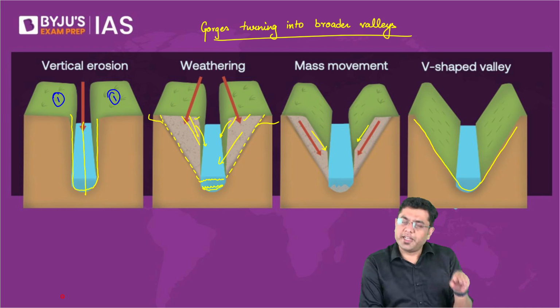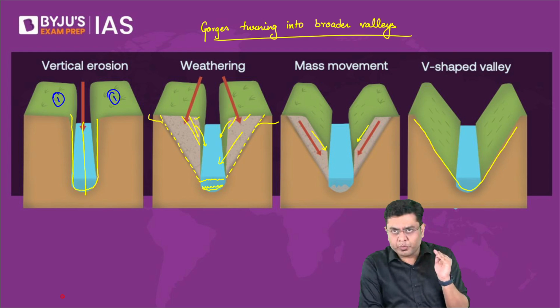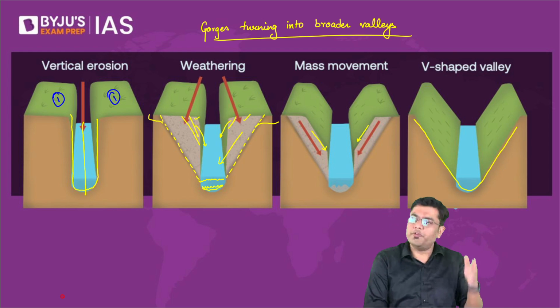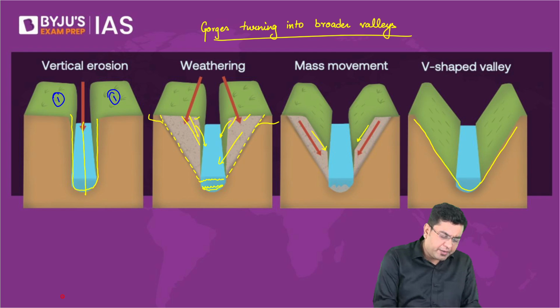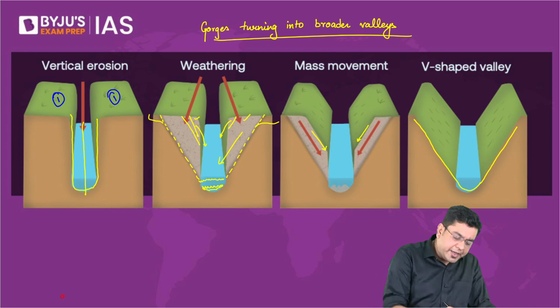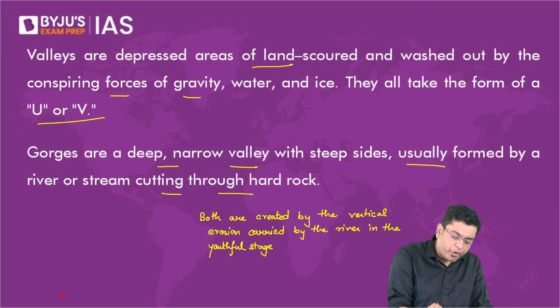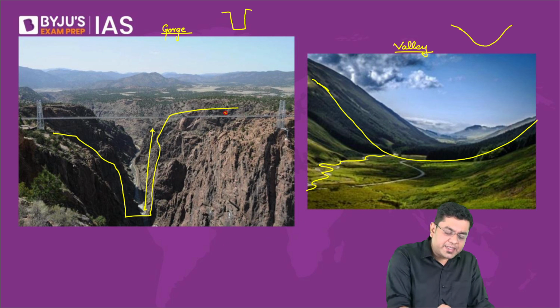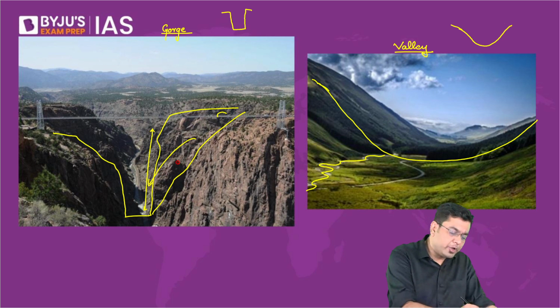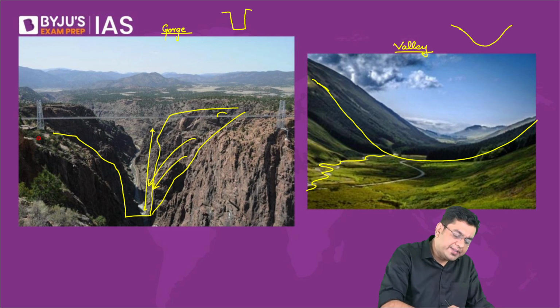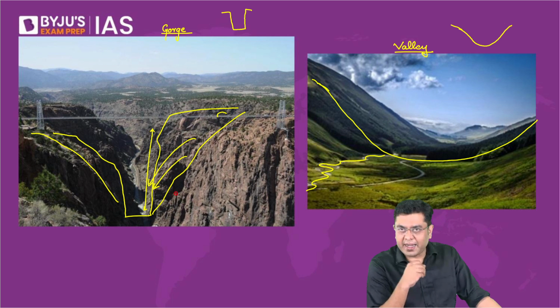Widening of the gorge will take place due to weathering and mass movements, which will be initiated on the vertical wall section. So in a way, you can imagine that eventually it is these areas of rocks that you see that will start falling after the weathering action. Observe here, already the slope has been created, whereas in this portion there is still some verticality associated.